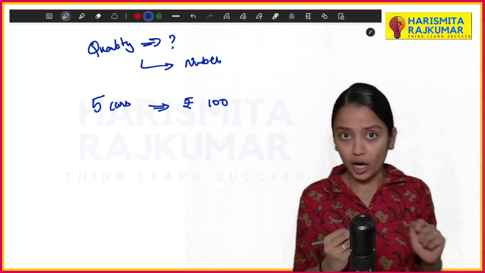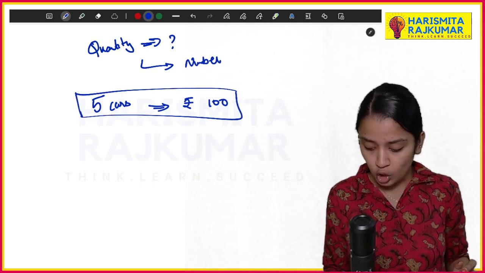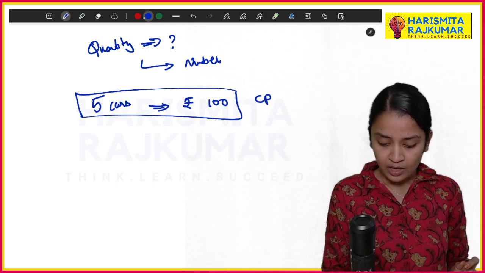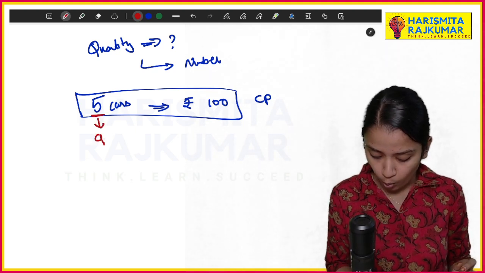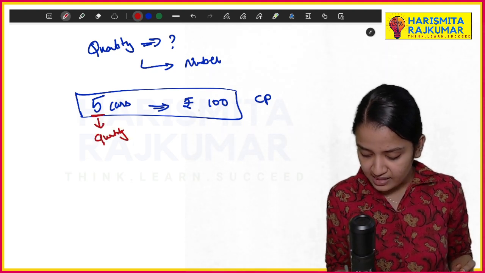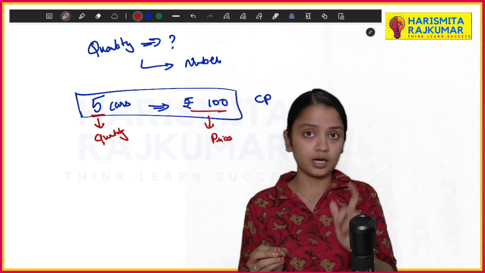This whole thing is the cost price, CP. Here, 5 represents the quantity, and 100 represents the price for this quantity.